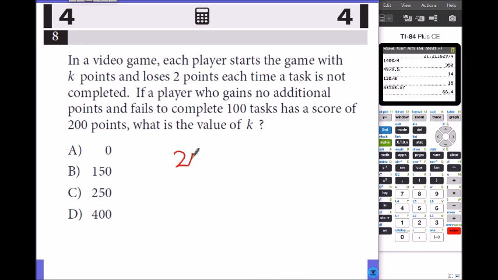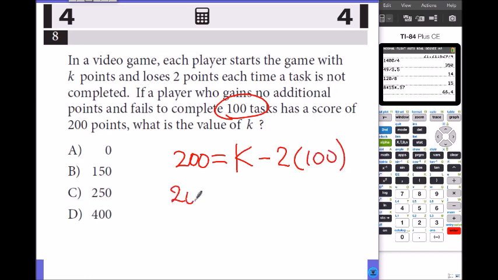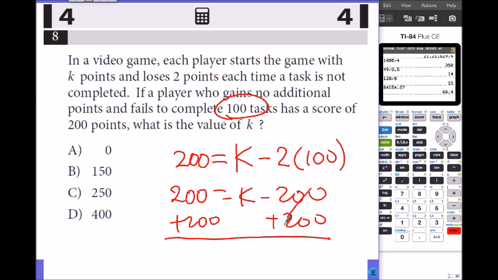So 200 points equals whatever they start with, K, and loses 2 points for each task failed, and they fail 100 tasks. So we're looking for K. So 200 equals what minus 200? It is 400, right? 400 minus 200 is 200, so it is 400.